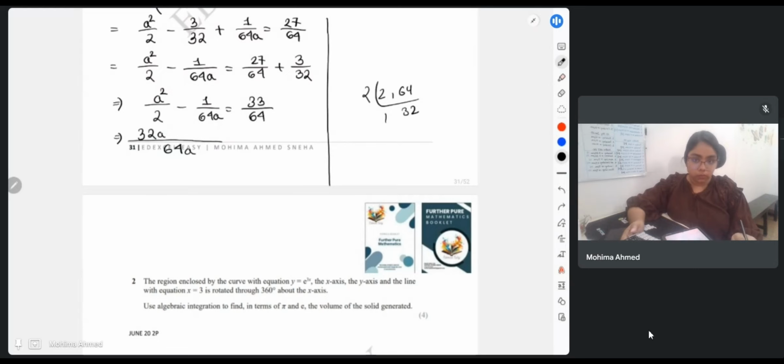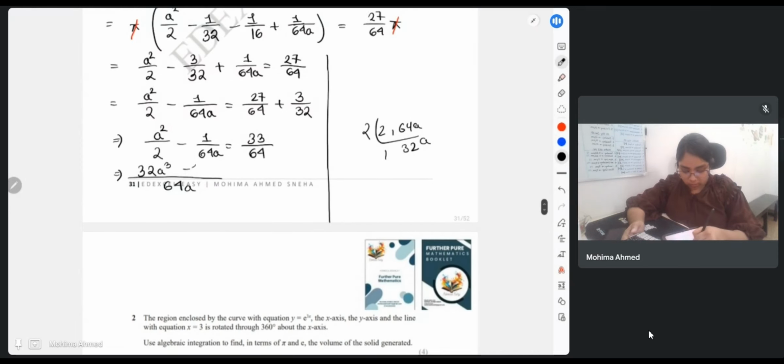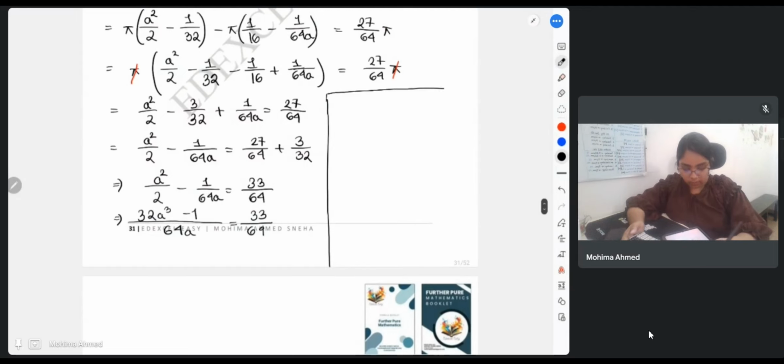So 64a divided by 2 is going to be 32a with a square, so 32a³ minus 1 divided by 33/64. Finally I'll take all the 64 to the right hand side.